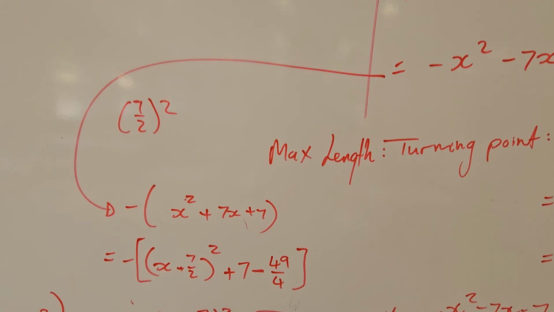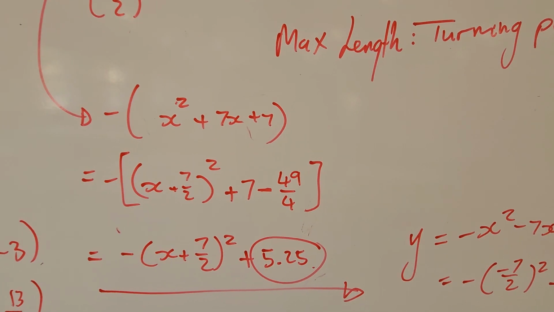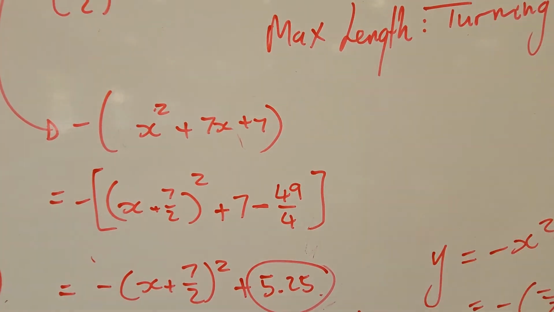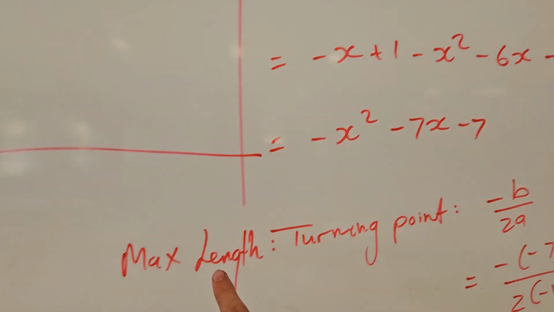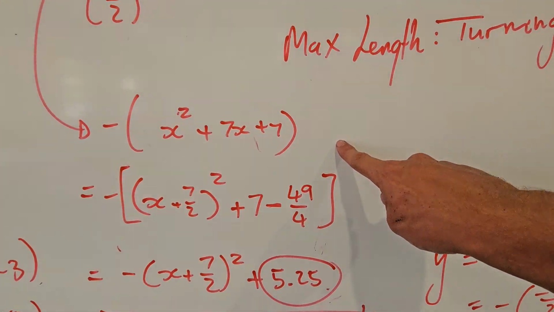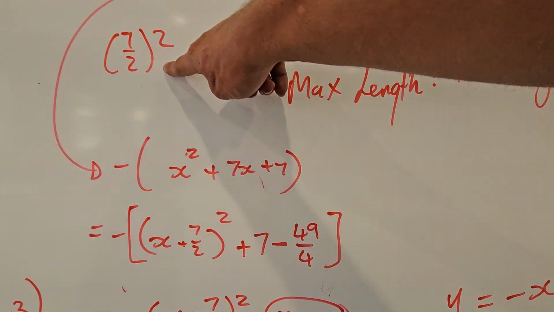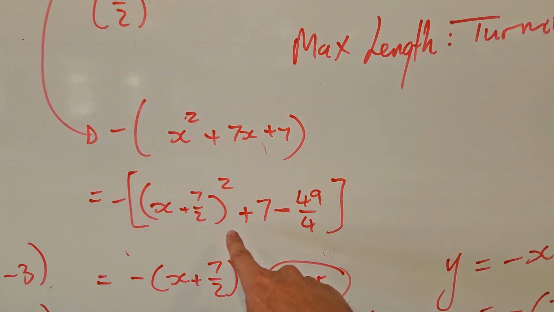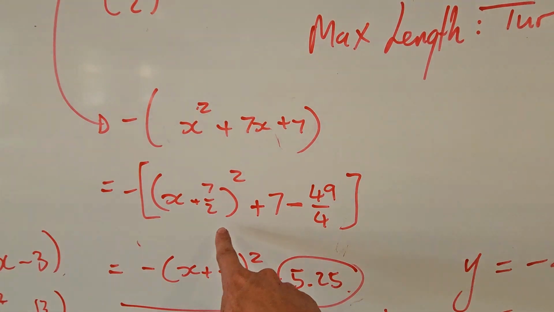Then if we complete the square, we would first take out our minus from this equation. So I just took out the minus. Then I completed the square by adding this value and subtracting this value, subtracting it here, adding it here, and creating our perfect square.